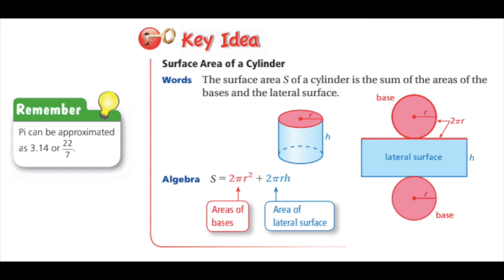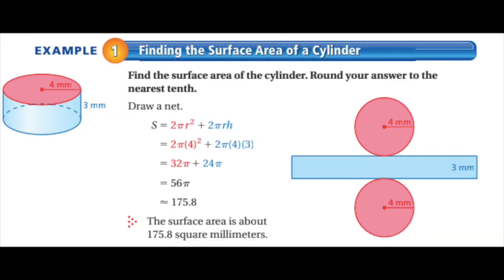Let's look at example 1 so we can look a little bit more. Example 1 is on page 370. With example 1, you can see where we are just finding the surface area of the cylinder. And again, they color-coded it for us, which is helpful.